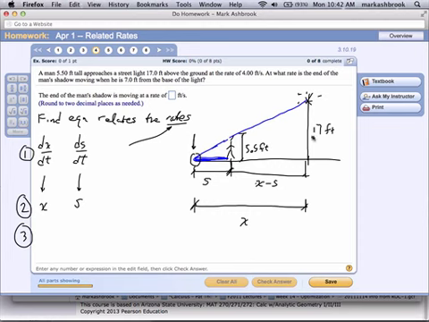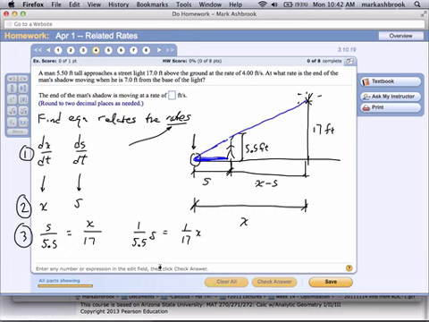So we have proportionality of sides. Okay, so we could say that s over 5.5 equals what? X over 17. Or in other words, 1 over 5.5 s equals 1 over 17 x.